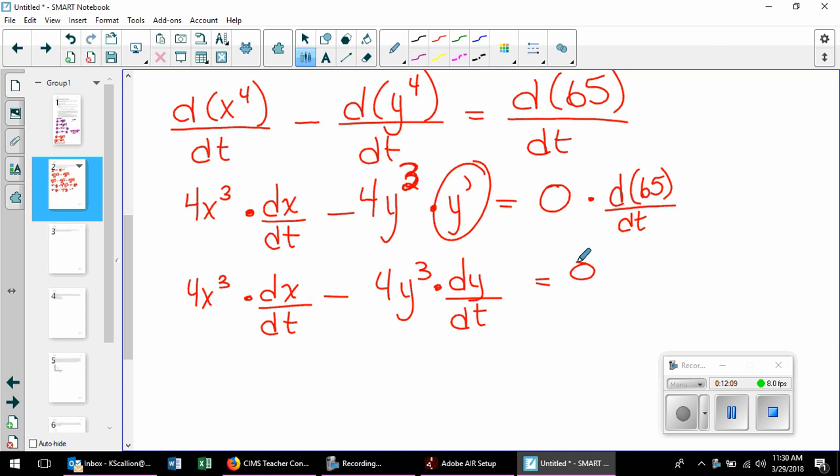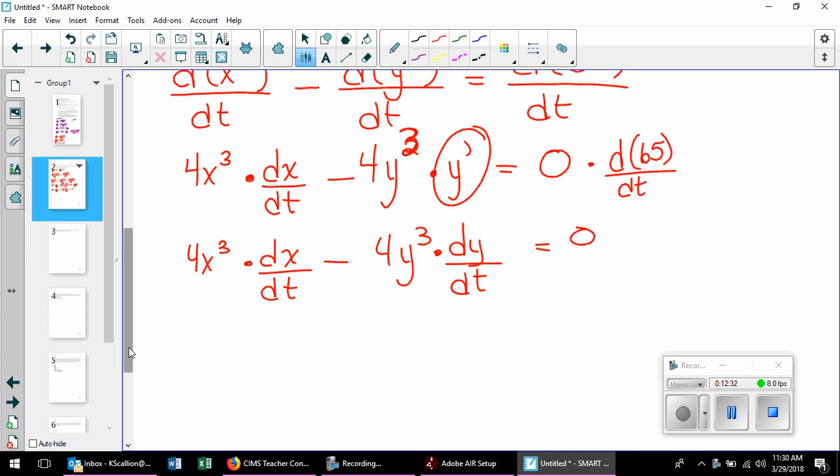Okay, so what did the question tell us? What piece of information did the question tell us? Would you have known that y prime is the same thing as saying dy over dt? Possibly. And if you knew that, you could have left it like this, which I would have been fine with. But I wanted to write it like this just so you can see how it's attached to the information given in the question. So what I know is 4x cubed times by dx over dt minus 4y cubed, which I finally got right.